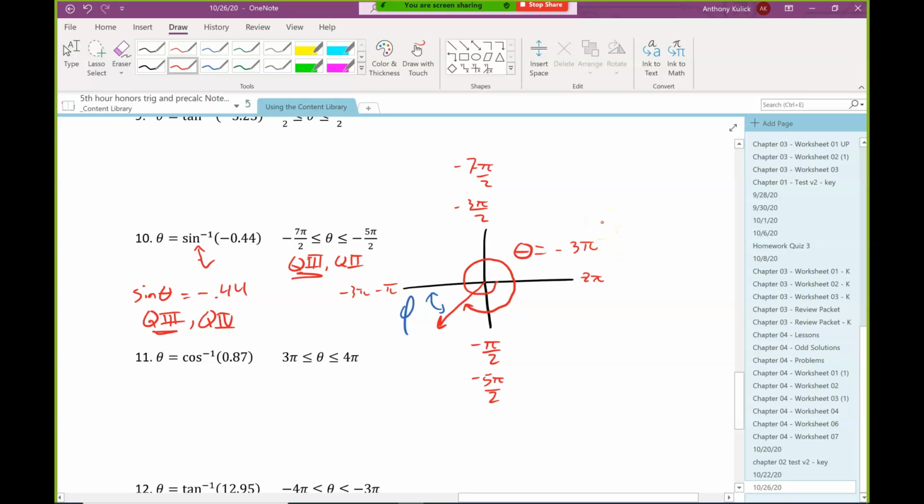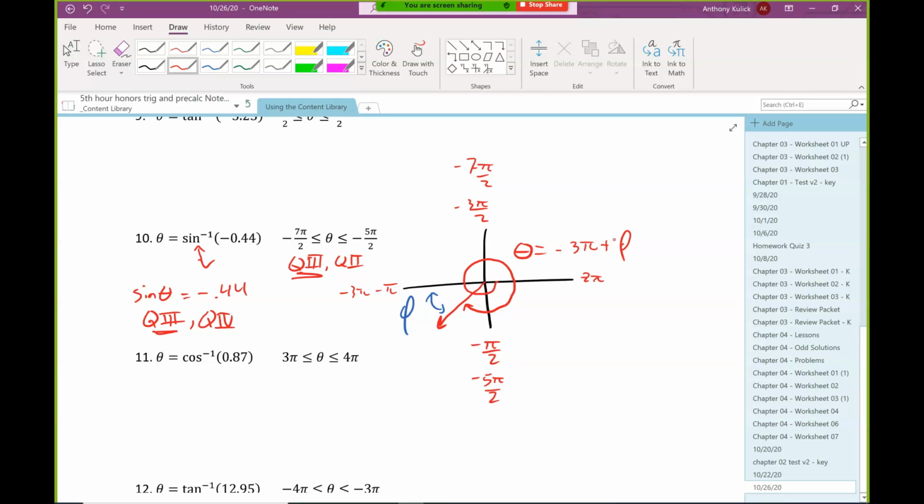And this is where it gets a little bit tricky, because we're going the opposite direction. So instead of subtracting here like we would normally, we have to add, because we're going the opposite direction. So this is really negative 3 pi over 2 plus phi, because we should be at a bigger number, right?